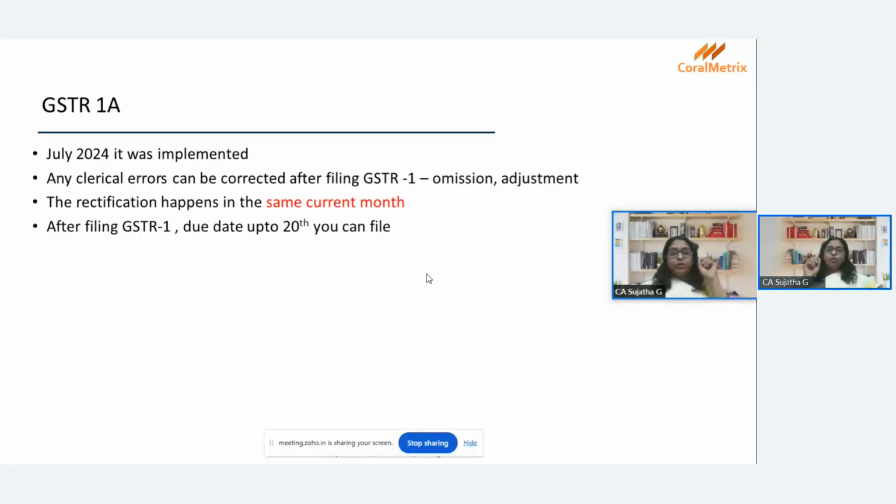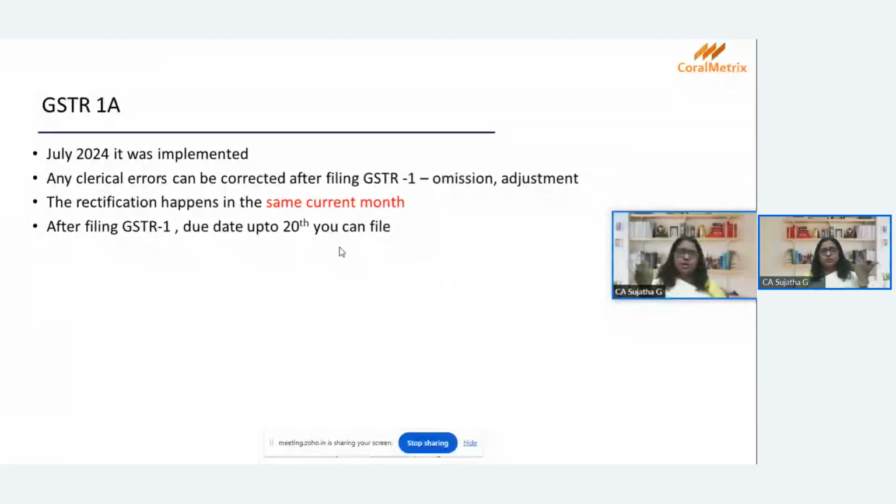But the window for opening the GSTR1A return opens only after 11th. That means you can do any correction after the due date, right? So the rectification, whatever you do, will be effective in that same month itself. That is one beauty that has been introduced through GSTR1A.